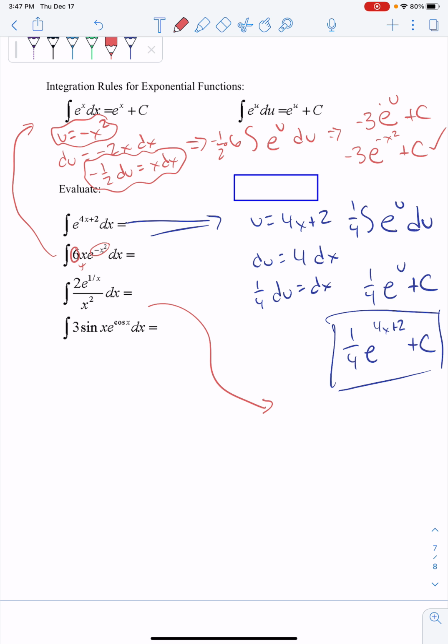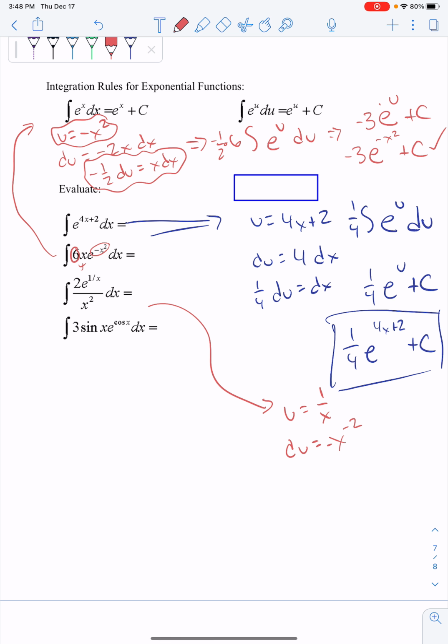So the integral of 2e to the 1 over x divided by x squared dx. Okay. Let's start with u equals 1 over x and see what happens. That means the derivative of 1 over x, if you haven't memorized this one yet, it's x to the -2. Actually, it's not.